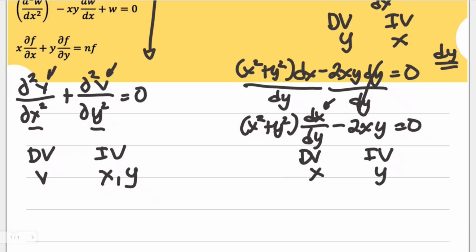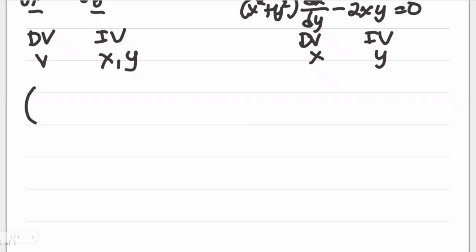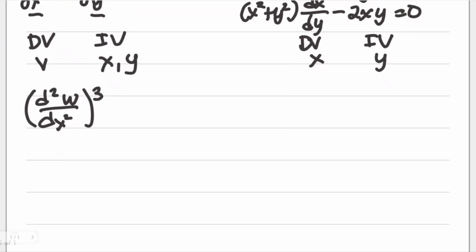Pardon me again, I'm going to use some space here because I need to rewrite the remaining two. So we have here the cube of the second derivative of w with respect to x, minus xy times the first derivative of w with respect to x, plus w equal to 0. We can see two sets of orders of derivatives: the second order, which is raised to the power of 3, and the first order.